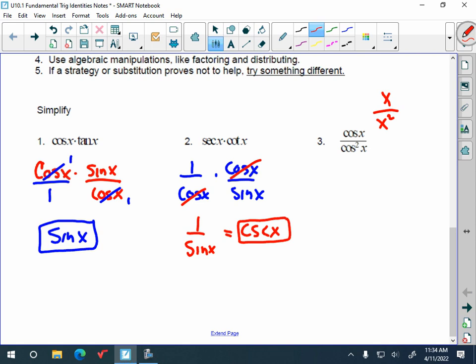So cosine x divided by cosine squared x, I can cancel this cosine x out with one of these cosine squared x. And so remember, there's a 1 left on top. It's 1 over cosine x. And then this will simplify to secant x.